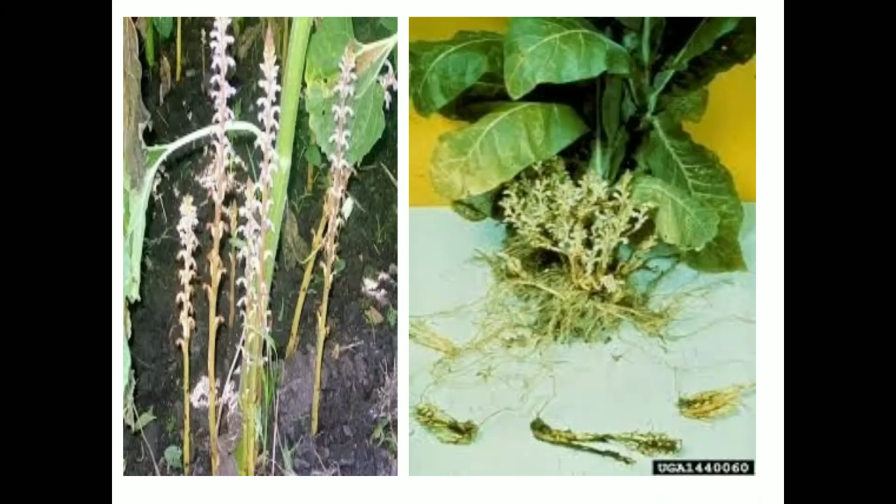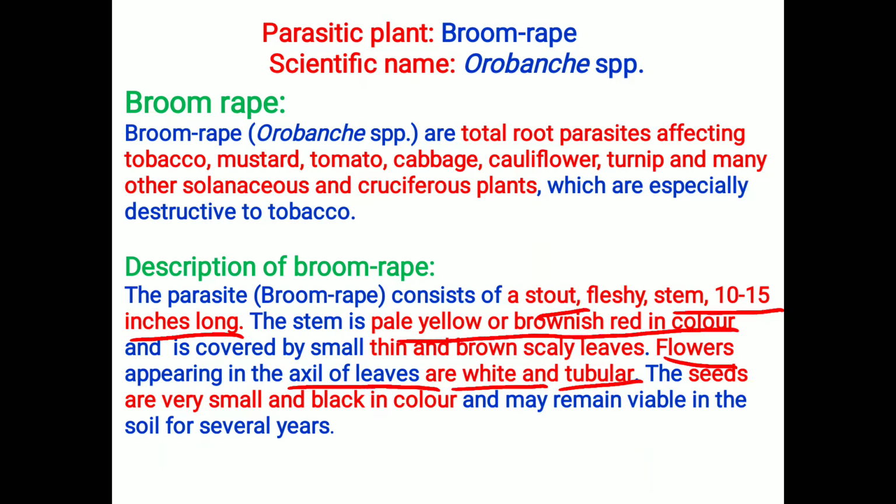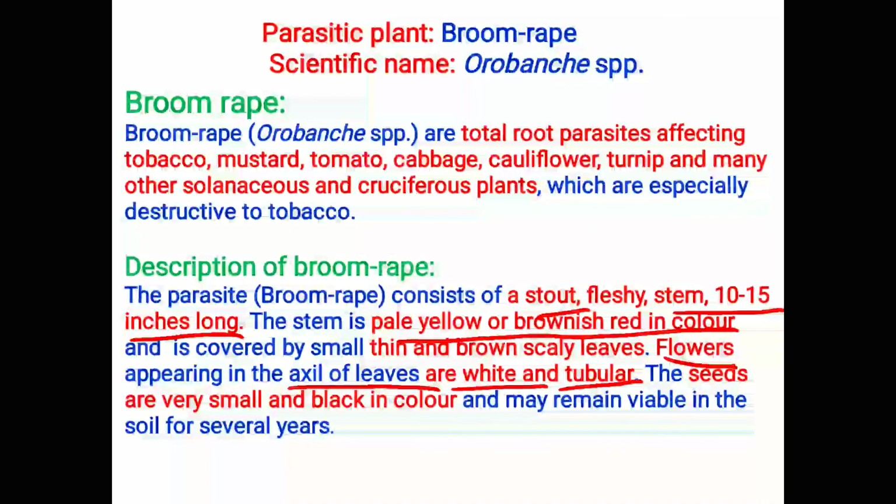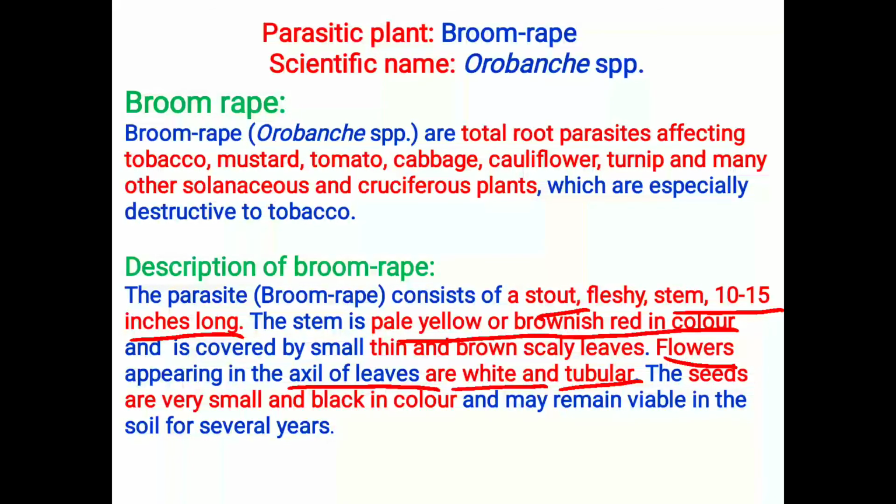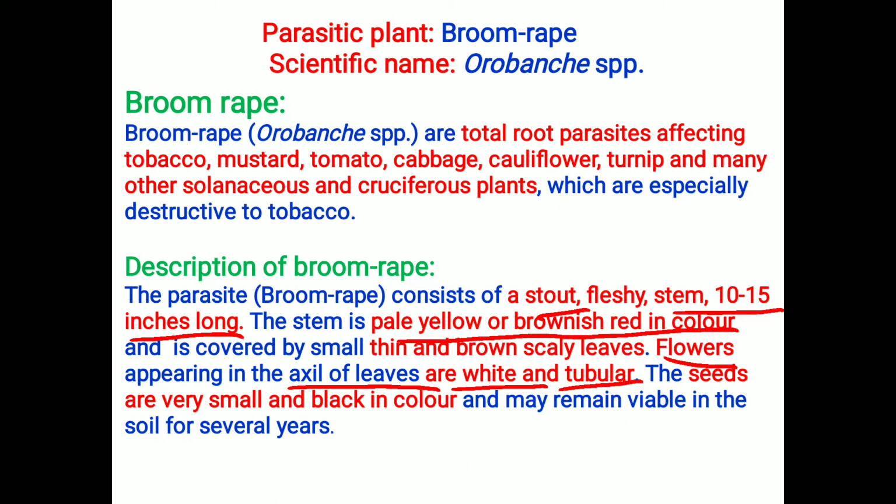Then the seeds of that broom rape are very small and black in color, just like soil particles. As we know, the seeds of broom rape are very tiny, and they remain viable or survive in the soil for years, say 5 to 6 years also.